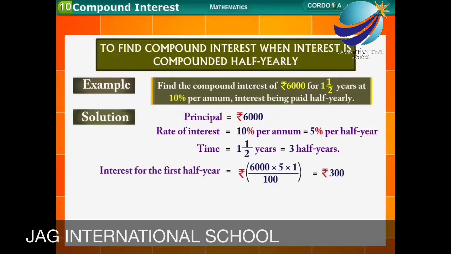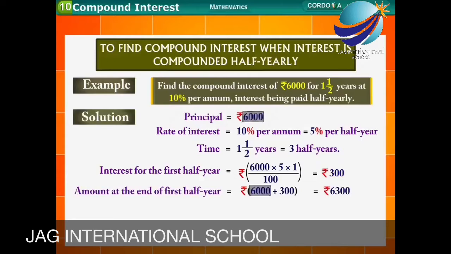Interest for the first half year is equal to rupees 6,000 multiplied by 5 multiplied by 1 divided by 100 is equal to rupees 300. Amount at the end of first half year is equal to rupees 6,000 plus 300 is equal to rupees 6,300.